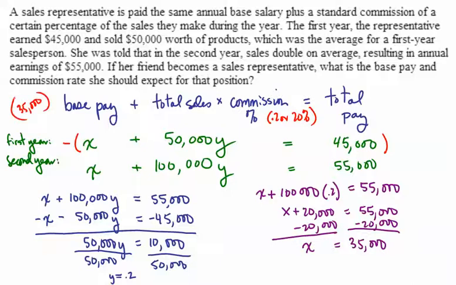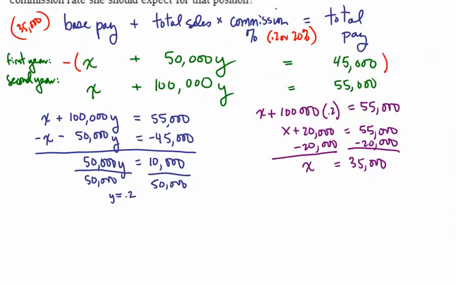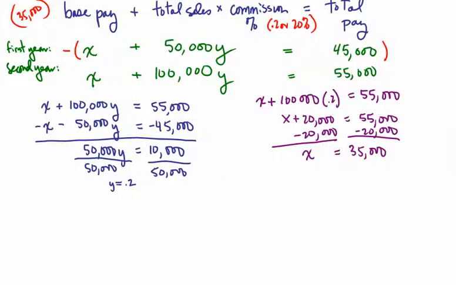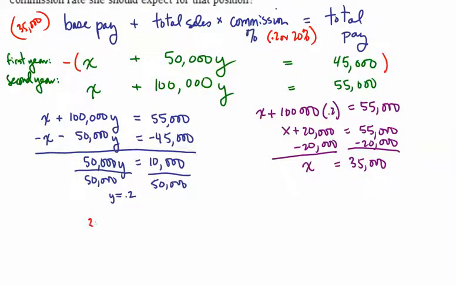And so now we have our formula, our total formula here. So I'm going to scroll down just a little. And that tells us that 35,000 base pay plus 0.2 times the sales has to equal the total pay.